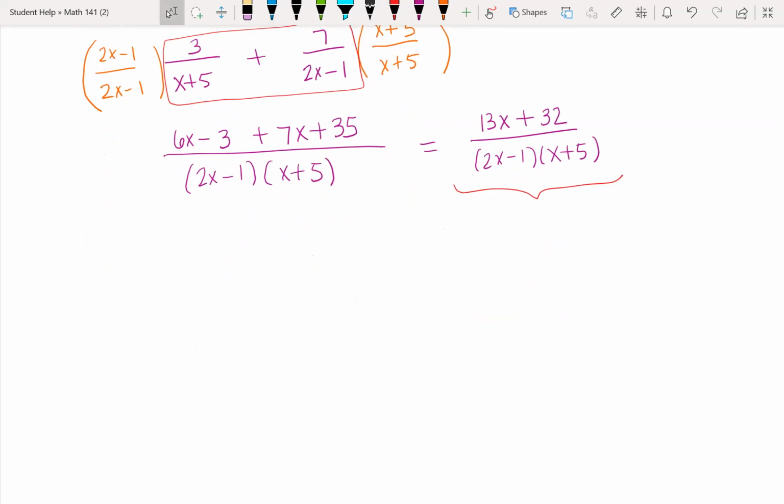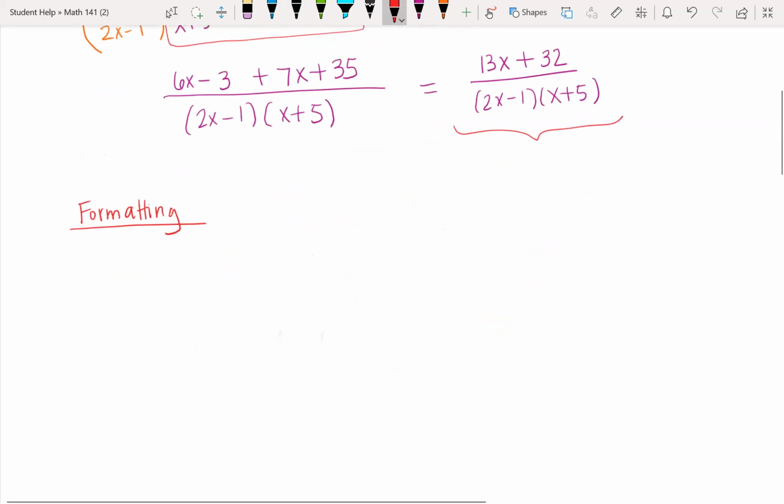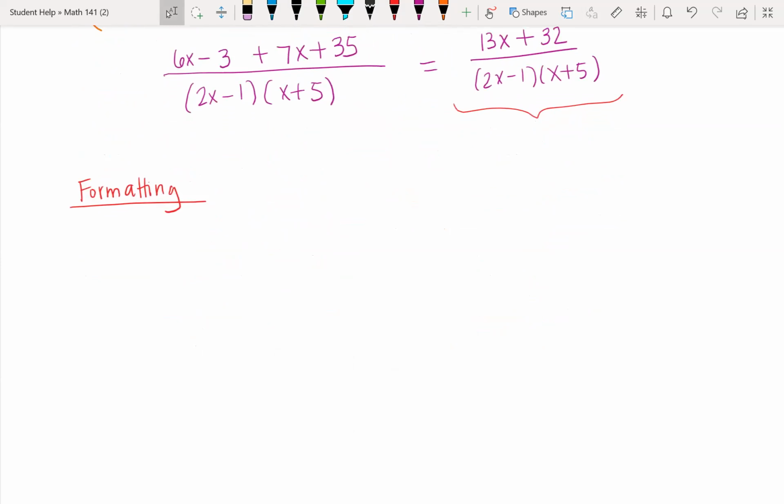Now, some of the formatting that we need to think about has to do with what the denominator looks like. So suppose that I have something like this, x plus 2 squared. This is a linear factor. What's inside parentheses is linear.